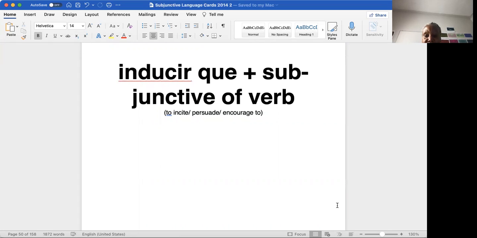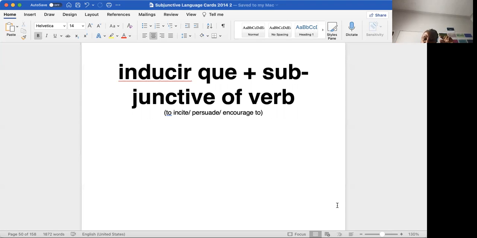So these are expressions that require, in the subordinate clause after the independent clause, the subjunctive if you change the person, right? Quiero que. So I want something, I want an action from you. Quiero que hables, right?